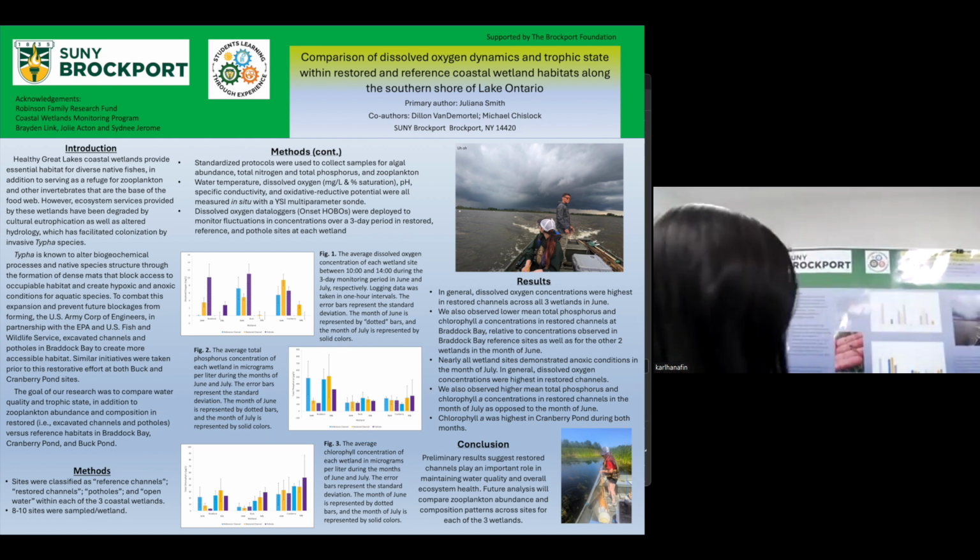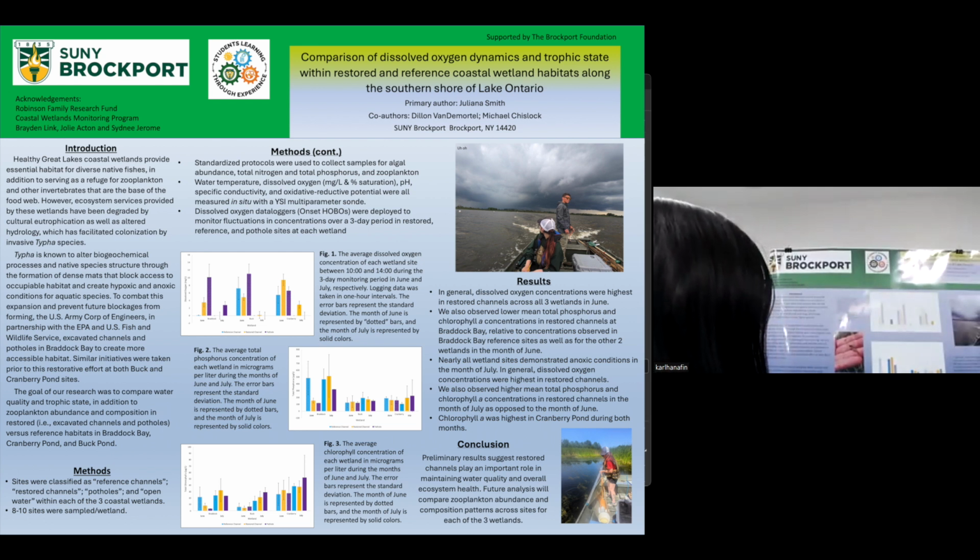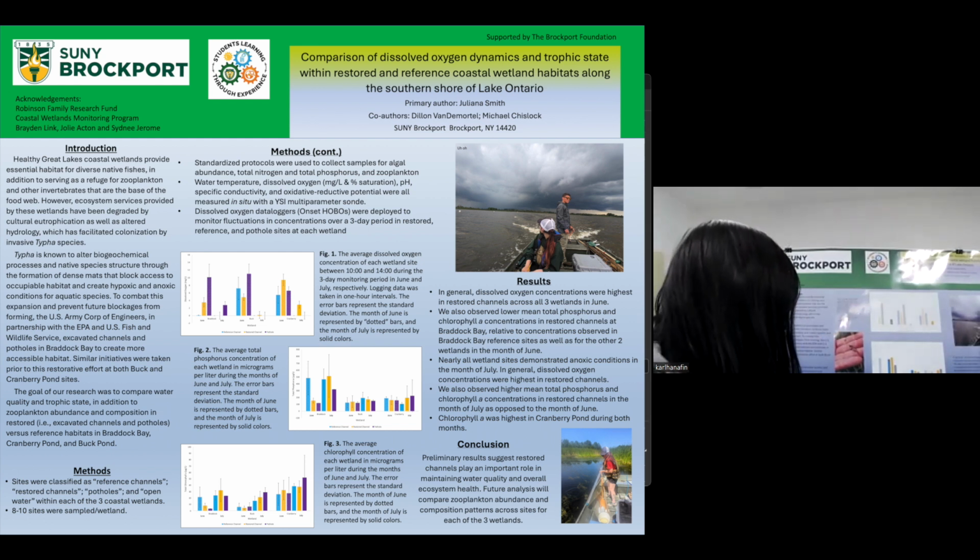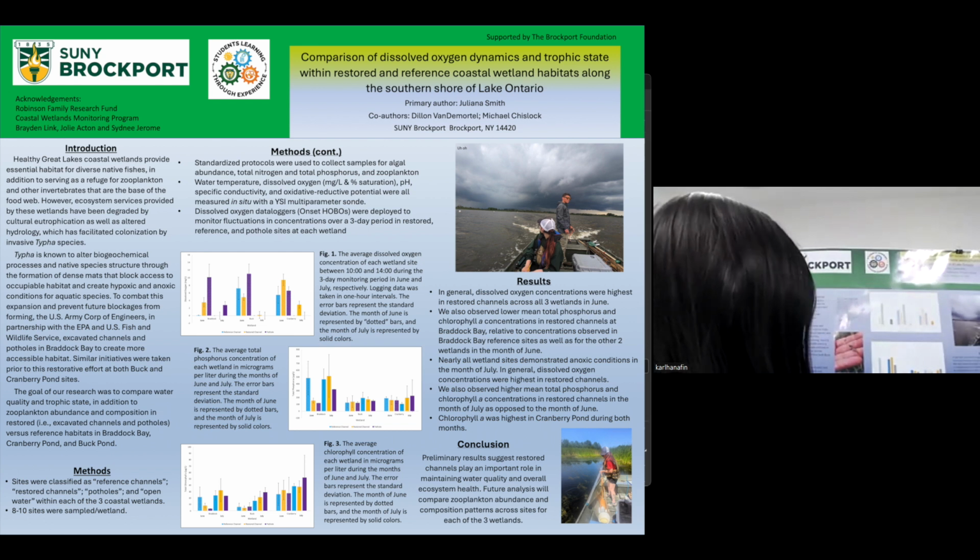In terms of phosphorus, there was a lower mean total phosphorus and chlorophyll A in restored channels at Braddock relative to reference at Braddock, as well as for the other 2 wetlands, just in the month of June alone. We also observed a higher mean total phosphorus and chlorophyll A in restored channels in the month of July.